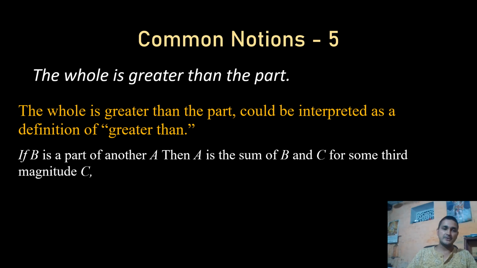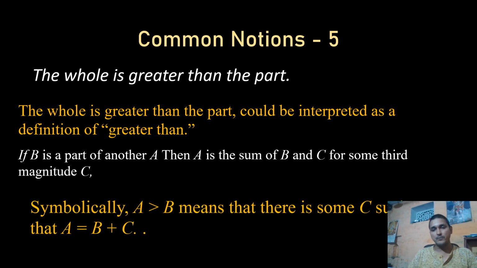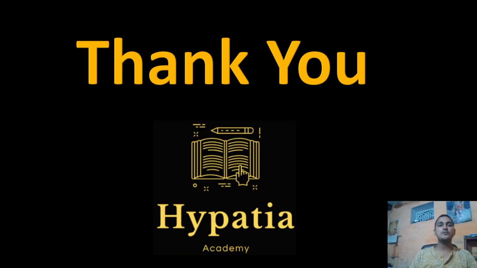In the same way, symbolically we write A is greater than B, meaning there is something C which, when we add it to B, we get A. This is a very important concept: A is equal to B plus C, if A is the whole and B is the part. Now, this was all about the common notions given in Euclid's Elements, Book 1.